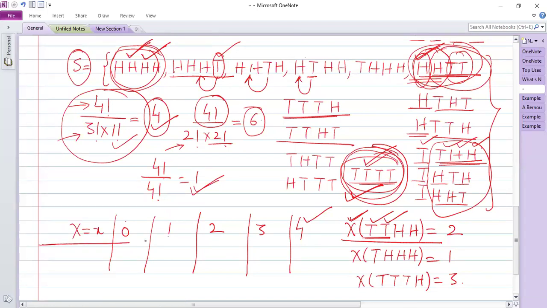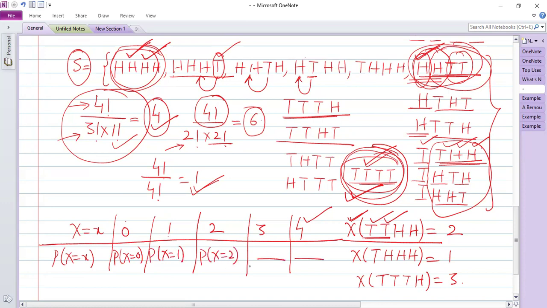Now we need the probability that X takes the value x. So here, probability X takes the value 0, probability X takes the value 1, probability X takes the value 2, and similarly here probability X takes the value 3 and 4. If I define this by f(x), then this is f at 0, f at 1, f at 2, and the same here.